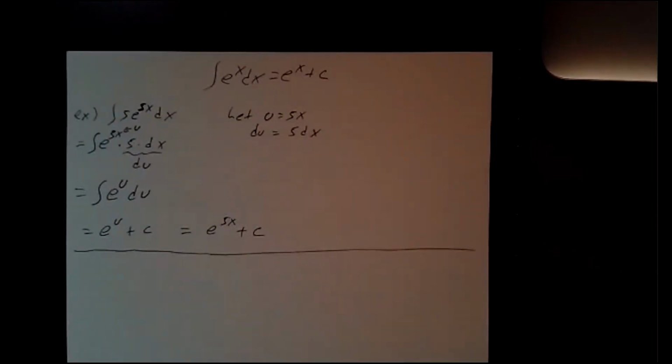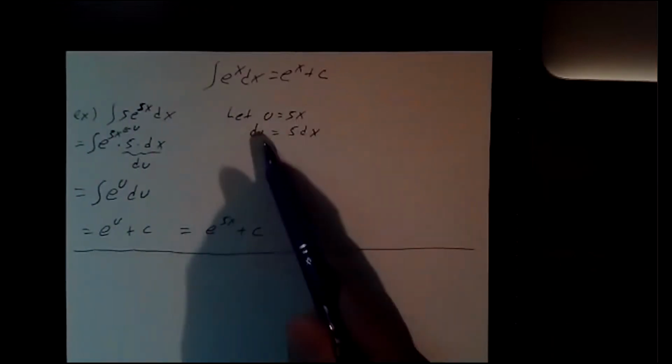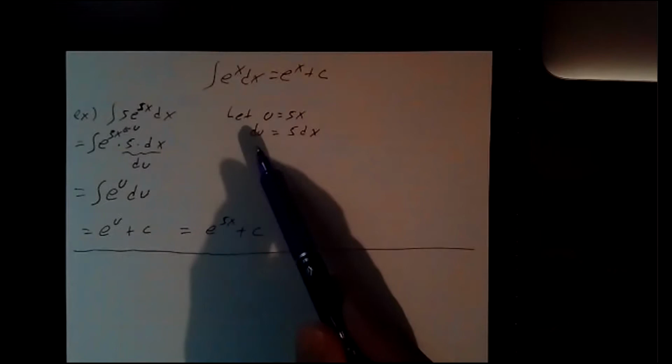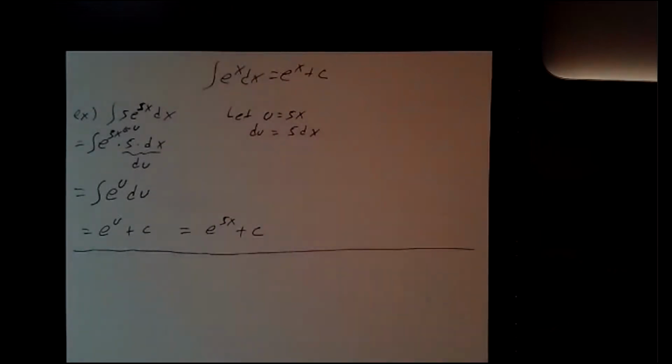So this is your second integration technique. We dropped the 5 because it was a constant, right? Right here, the 5 was substituted by the du. Okay. All right. And then when we integrate, du or dx or whatever is gone.